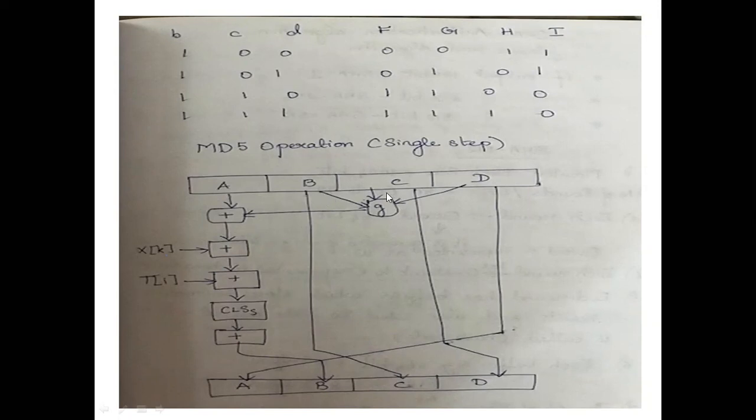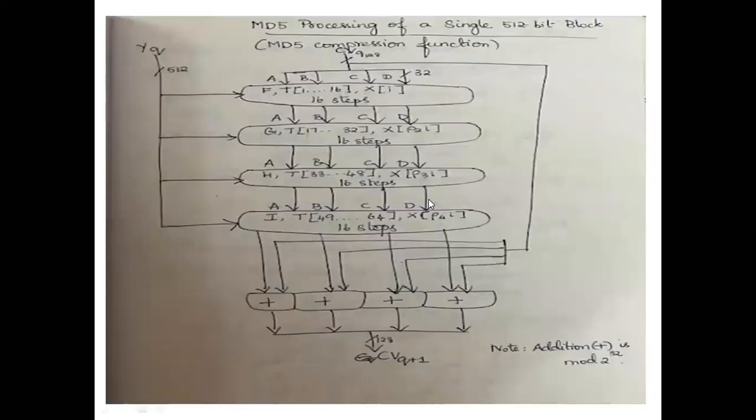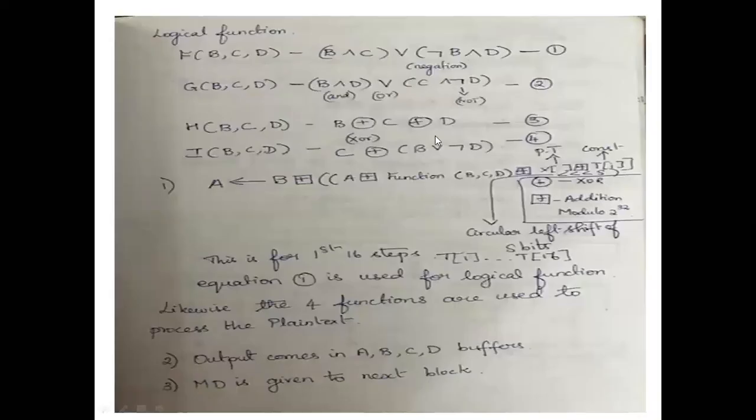B, C and D, the function is given, those values are given to A, right? The logical function applied everywhere is given to A.